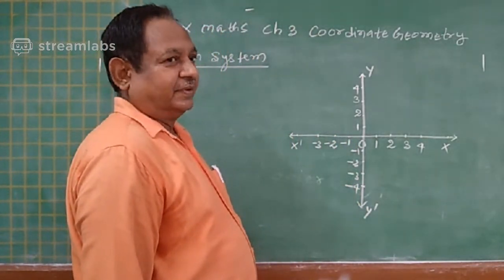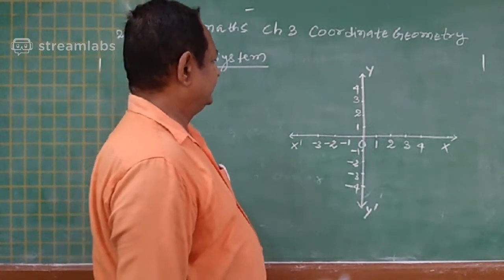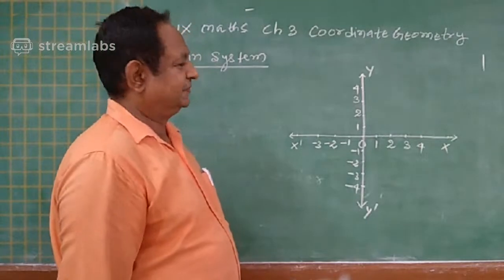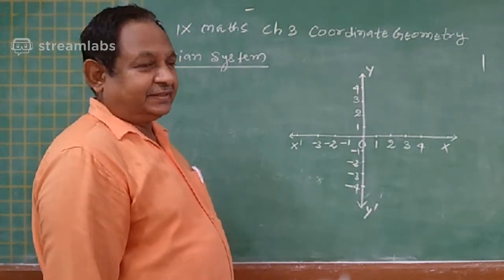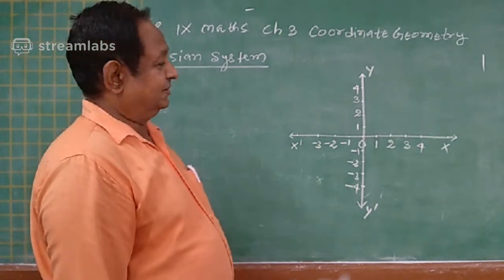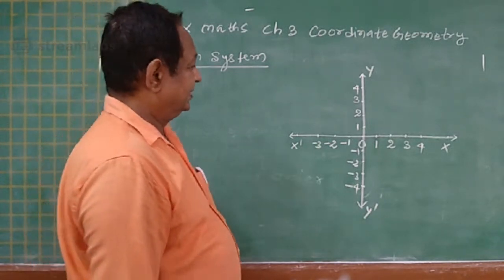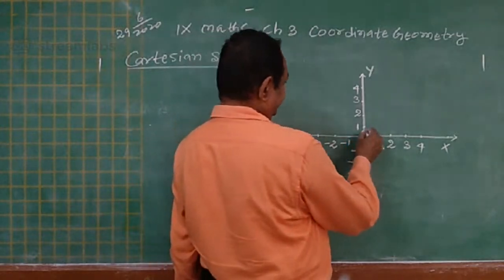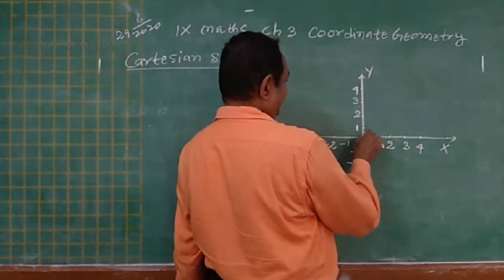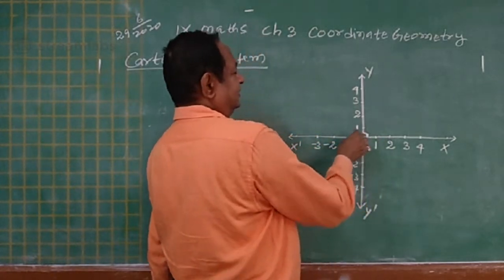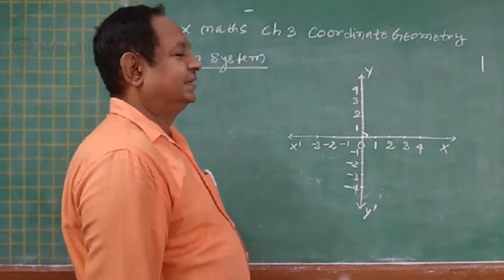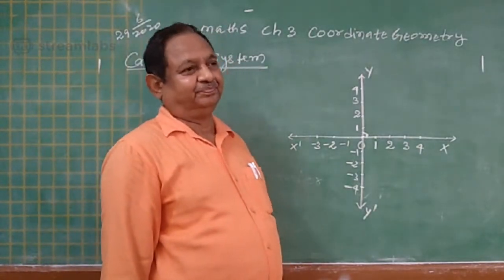When two number lines intersect each other at a right angle such that their origins coincide at O, their central point, then this system is called the Cartesian system.